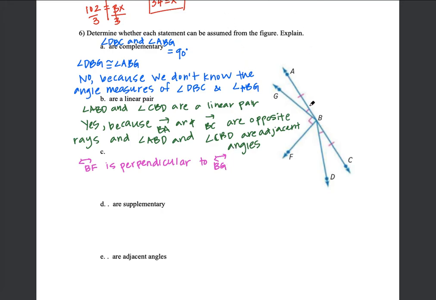Okay, well let's highlight them. So I have line BF, and then, use green, line BG. So are these two lines perpendicular?